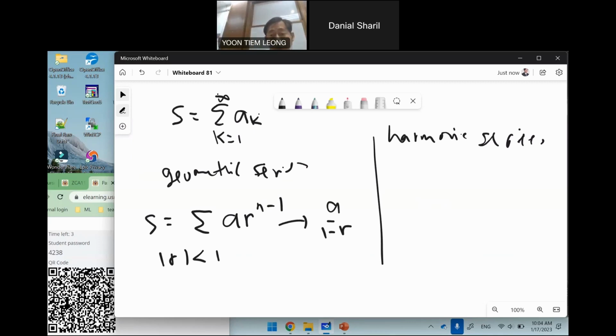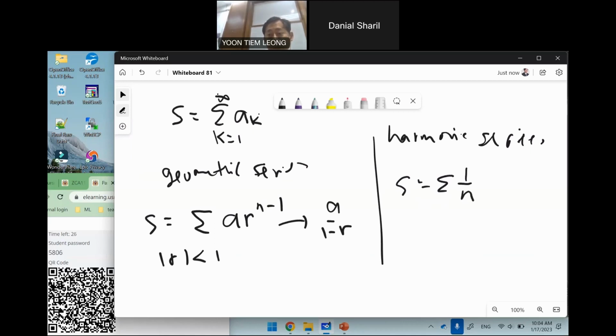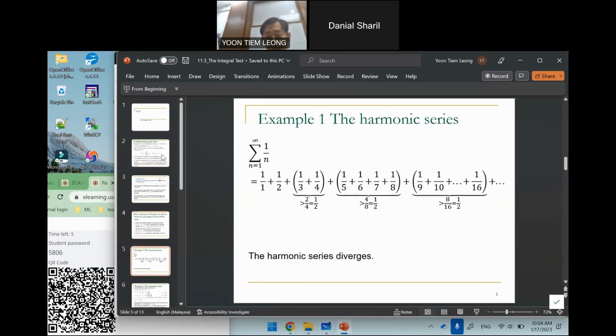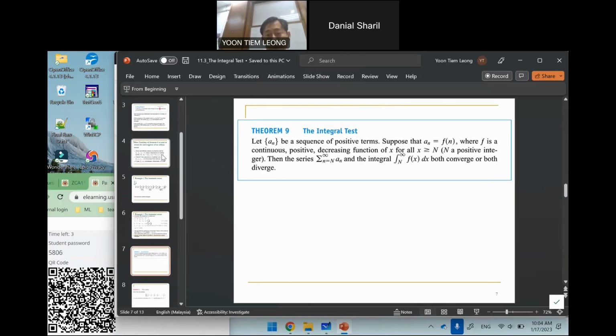Then we showed that the harmonic series, in the form of 1 over n, diverges, because we can prove that it is not bounded from above. Therefore, the harmonic series is divergent. So far, these are the important messages that we have seen. This is what we discussed yesterday.